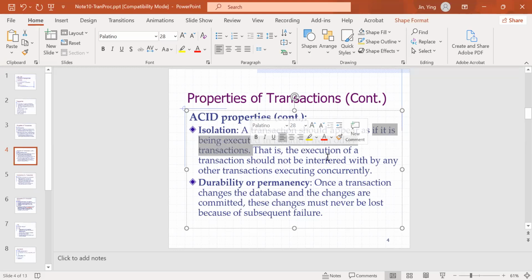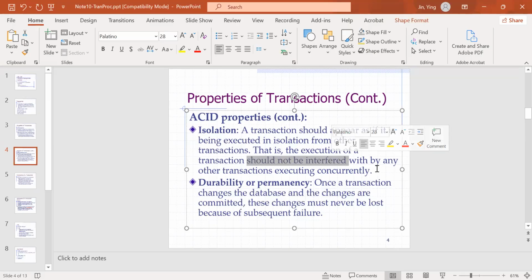In other words, when we run one transaction, it should not interfere with other transactions. How can this be done? We'll soon talk about this. It is something called concurrency control. By concurrency control, we can achieve the isolation property of a transaction.